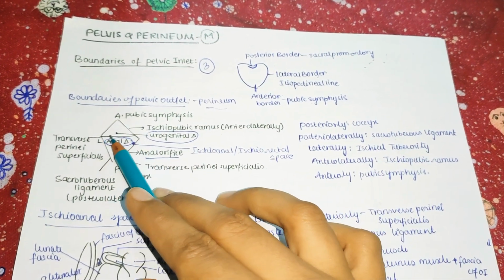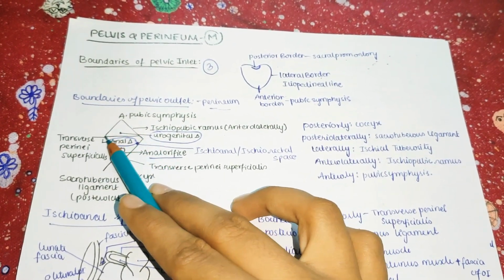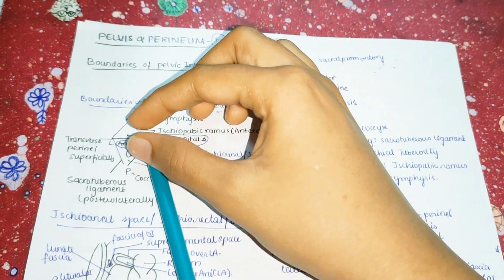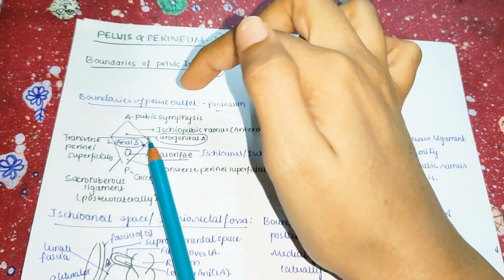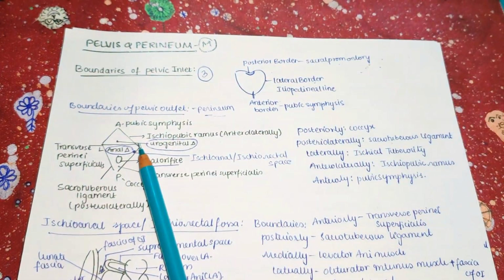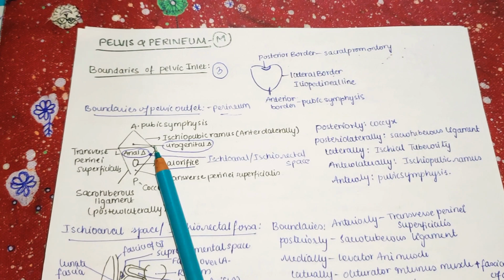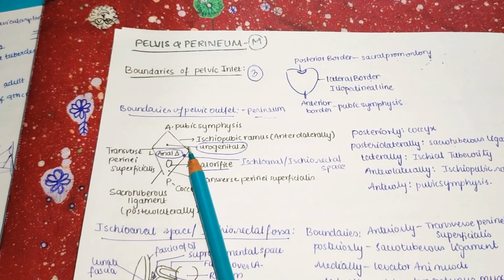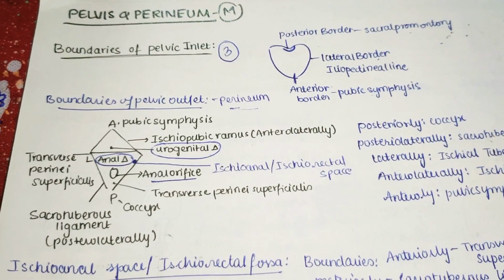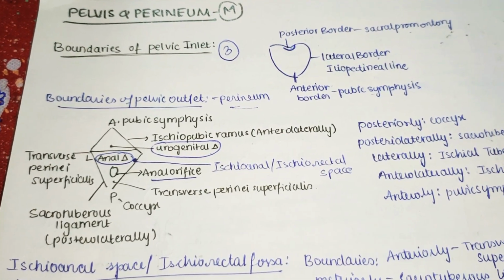And in the middle you have the superficial transverse perineal muscle. The muscles which you see now from outside in the pelvic outlet are called superficial muscles, and they will also be the contents of the superficial perineal pouch.